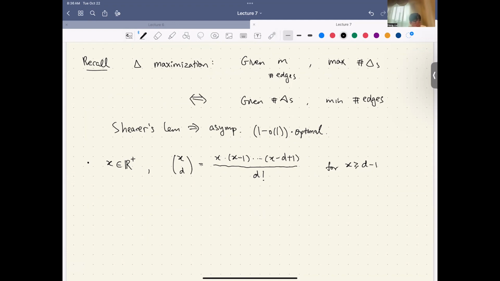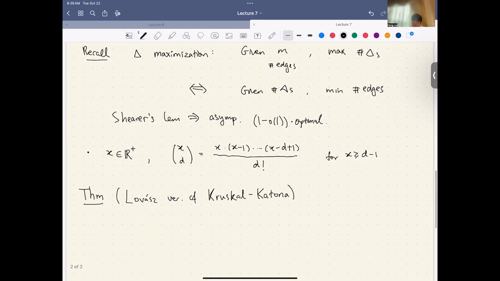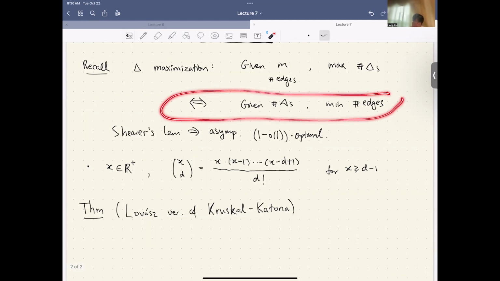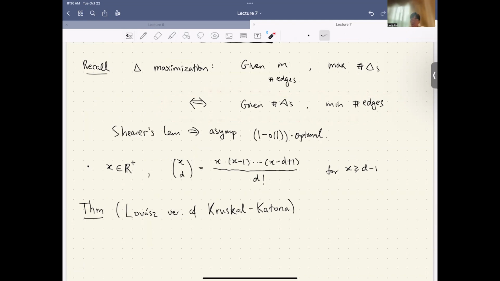So what's the low-pass version of Kruskal-Katona? This version is phrased the other way from what we have above, but more general.